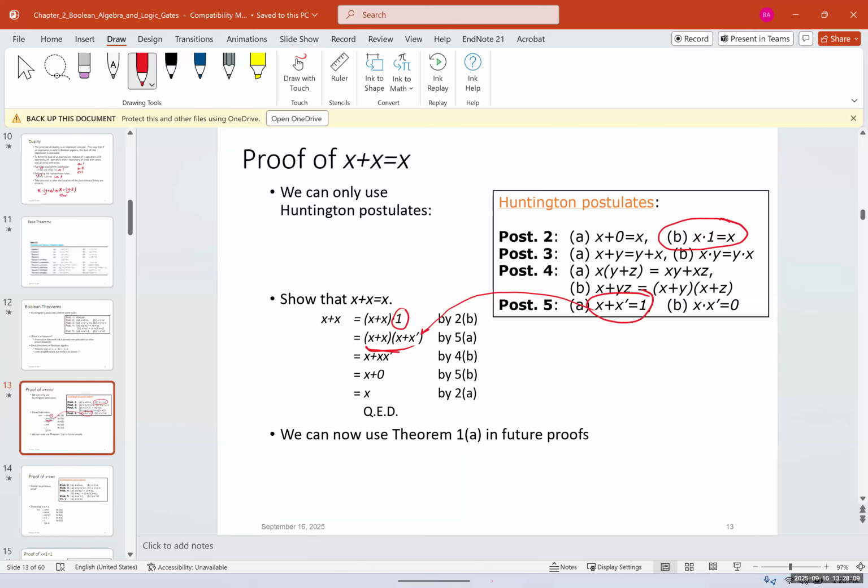Now, x plus x prime and with x plus x, I can use this theorem here and write it as x plus x and with x prime. Again, we know that x and with x prime gives us 0. And we know that x plus 0 from postulate 2 gives us x.